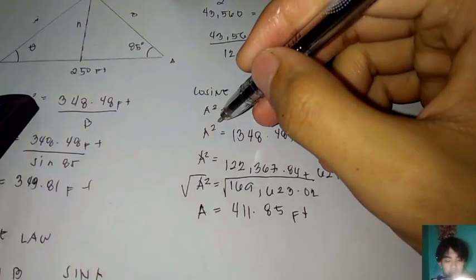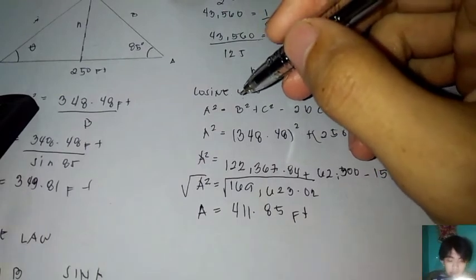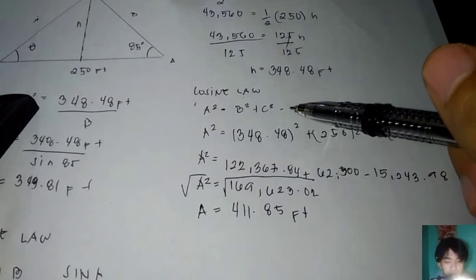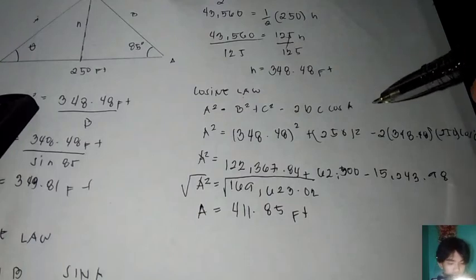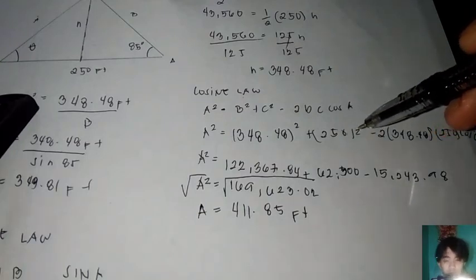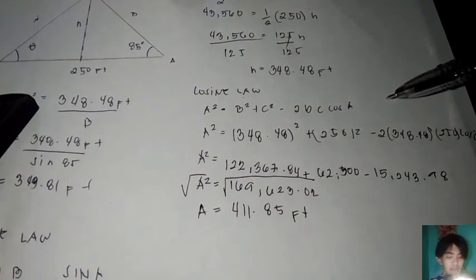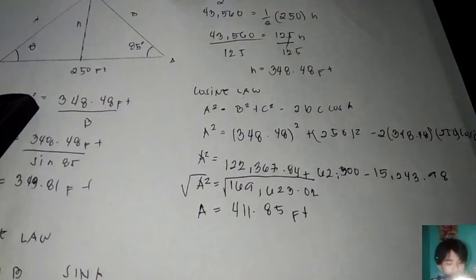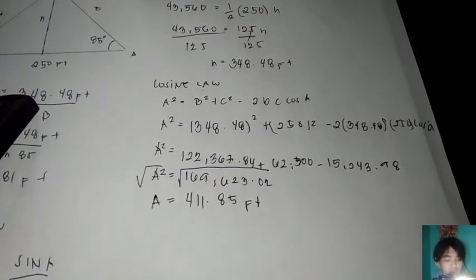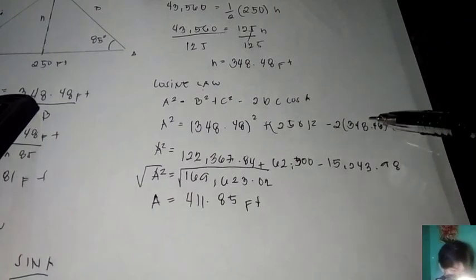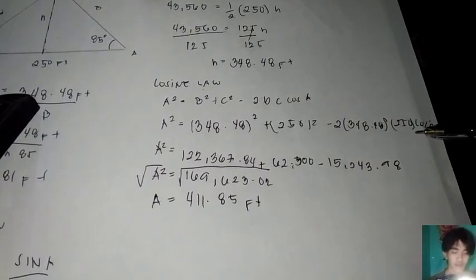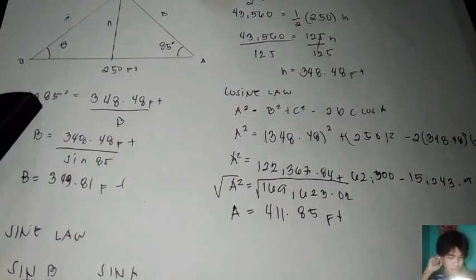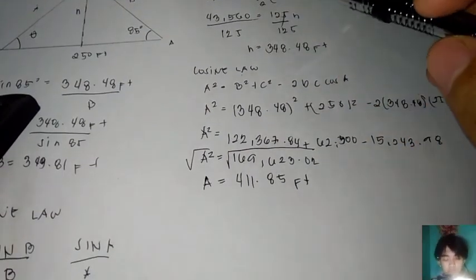So we have here a squared equals b, which is 348.44 squared, plus c, which is 250 squared, minus 2 and substitute the b, so we have 348.48 and 250 cosine a.